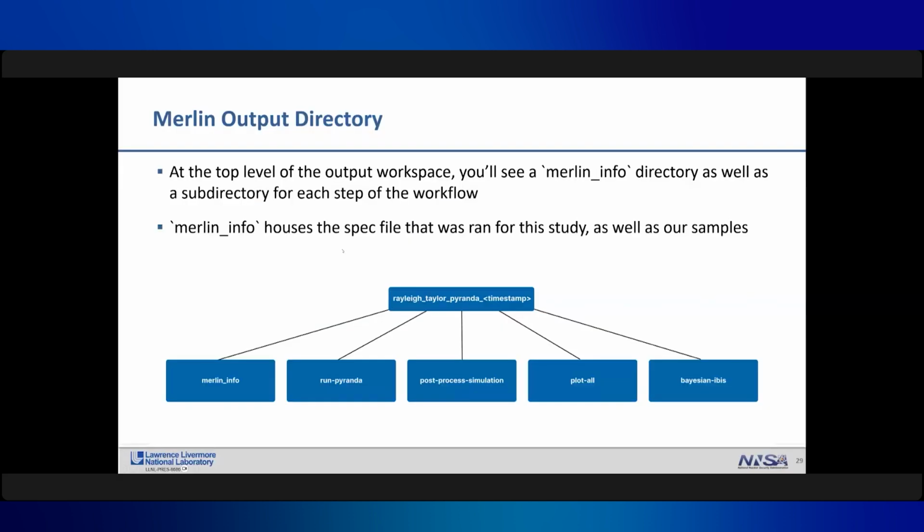When we run this, we're going to get an output directory like so. As Jeremy showed, you get the name of the study and then the timestamp directory. In Merlin, that's going to create a Merlin info directory and then subdirectories for each step. Merlin info will just house general info about the study that you ran. So it'll save the exact spec file as well as samples and so on and so forth.